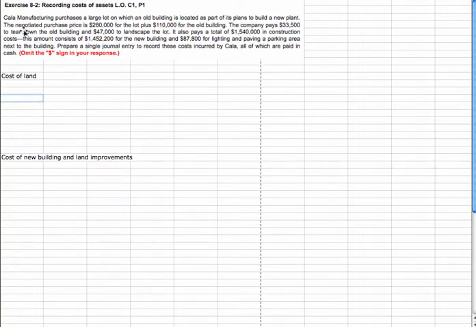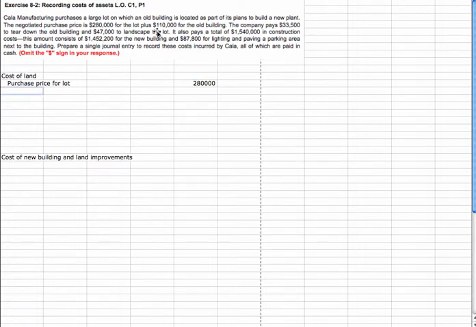So now if we look here, the negotiated purchase price is $280,000 for the lot. So the cost of the lot was $280,000.